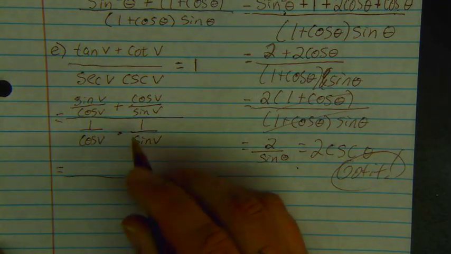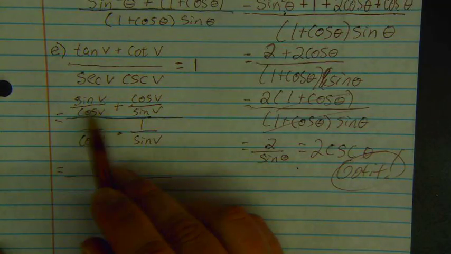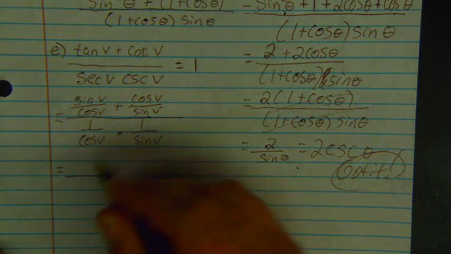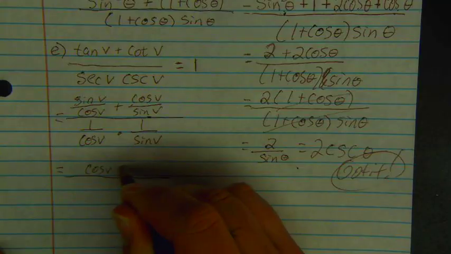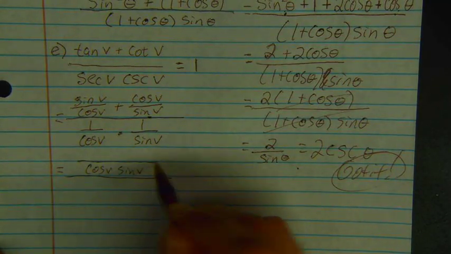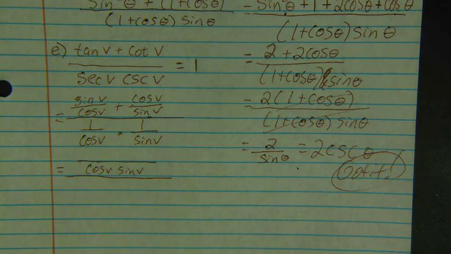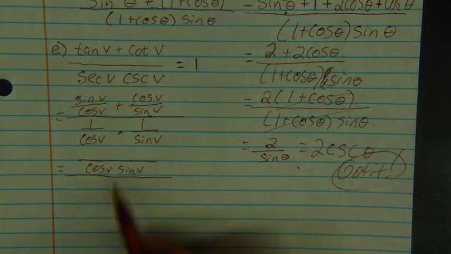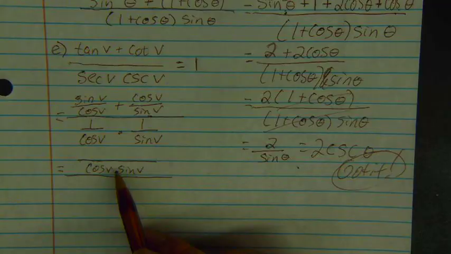What's the common denominator of the top? Both of them, right? Cosine and sine. Cosine V, sine V. I'm just going to try to do this all at once. Hope this is okay. Cosine V, sine V is the denominator of the numerator, right? The denominator of the top.